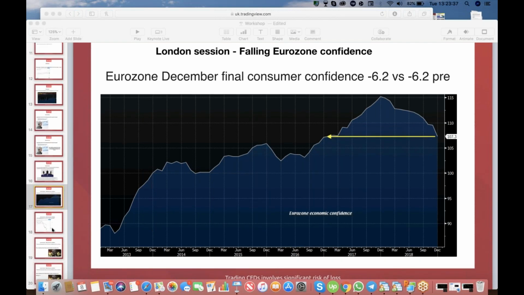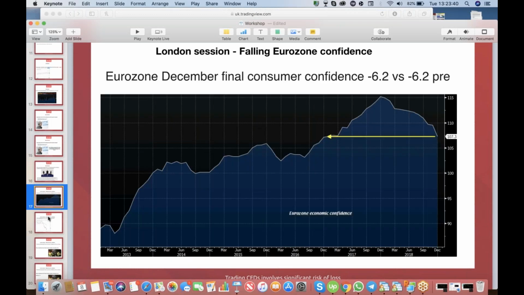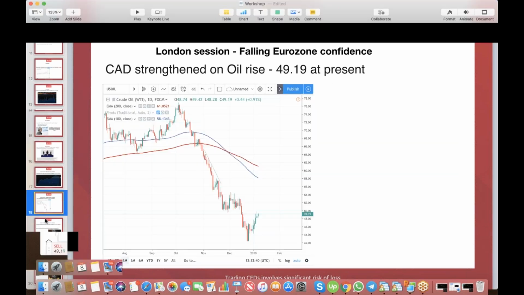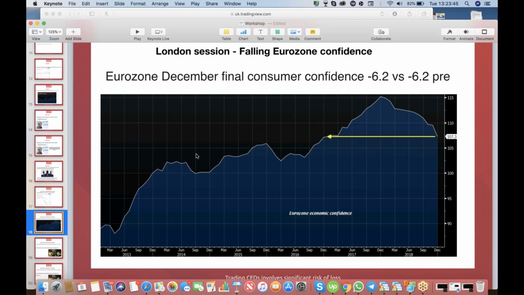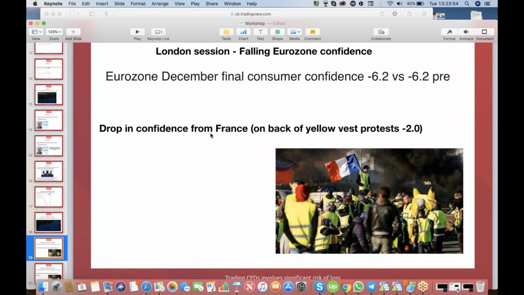And one of the things that was noticed about this Eurozone consumer confidence that came out this morning in the London session was some of the details. There was a drop in confidence from France, which fell 2 points, and this was largely on the back of the Yellow Vest protests.